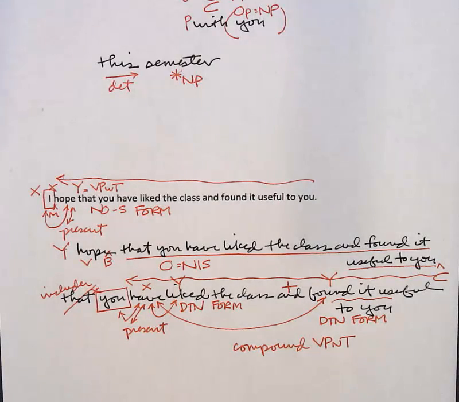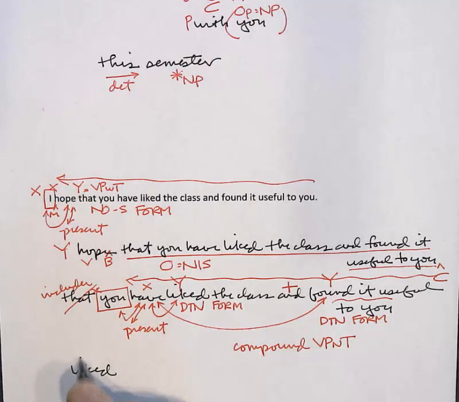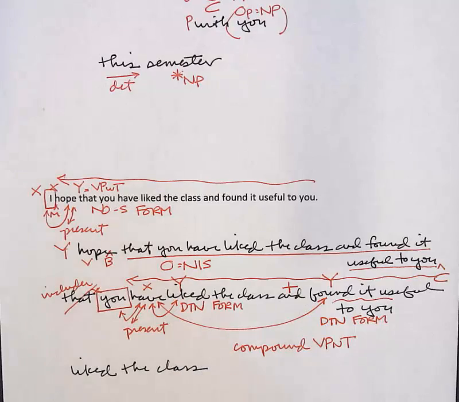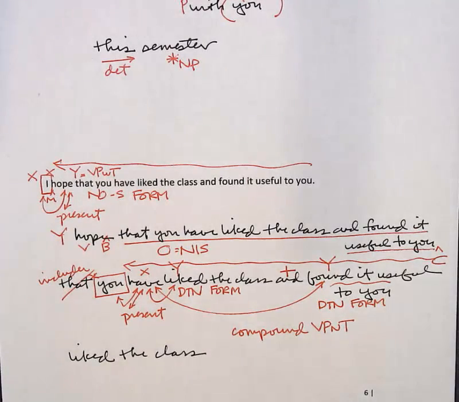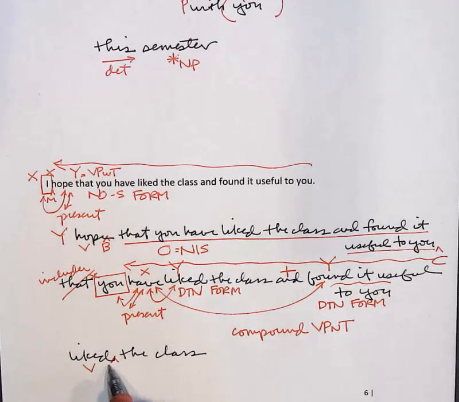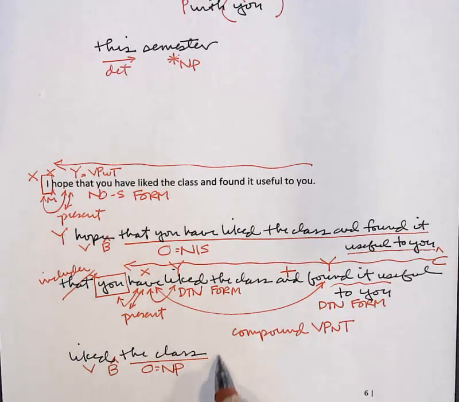Let's do one at a time. Liked the class, and liked is the verb. The particle place is empty. The class is the object. Noun phrase. Complement place is empty.